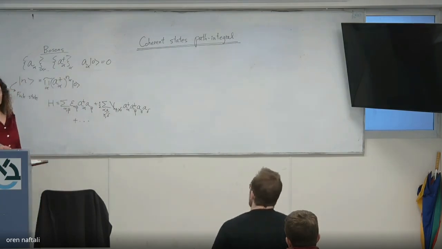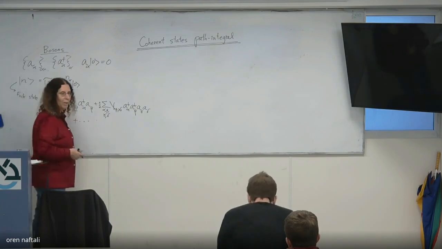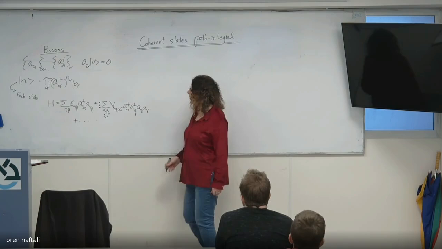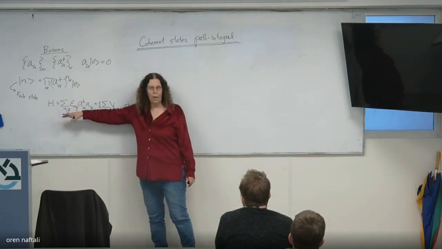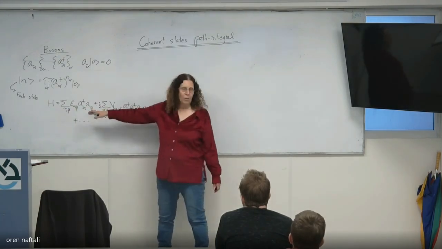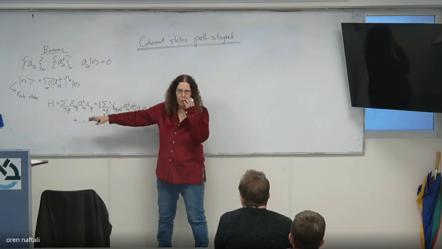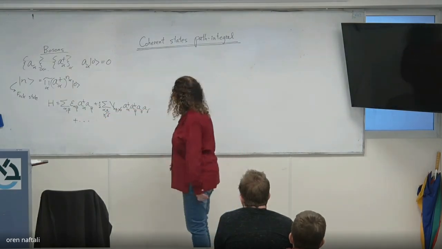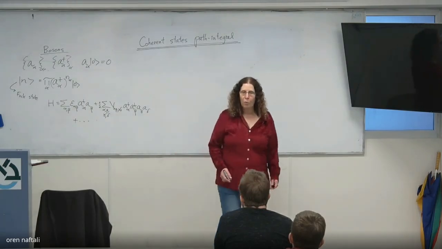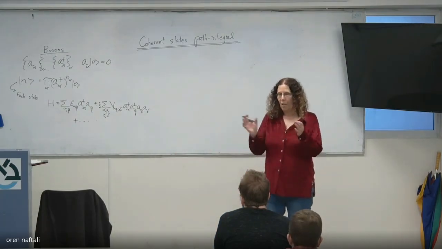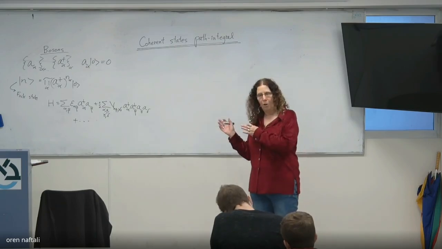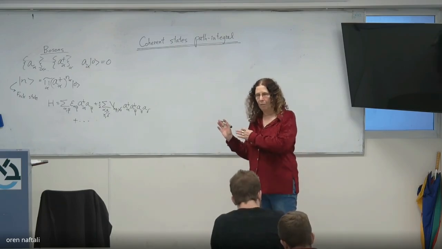And in principle, you can also have more complicated terms. You can have 3 body, 4 body, 17 body. But notice that I'm writing the Hamiltonian, and this is just a convention, in normal order. Normal order with respect to the vacuum that we defined. I remind you what a normal order is: for any operator, it is a representation of it where all the annihilation operators are to the right.